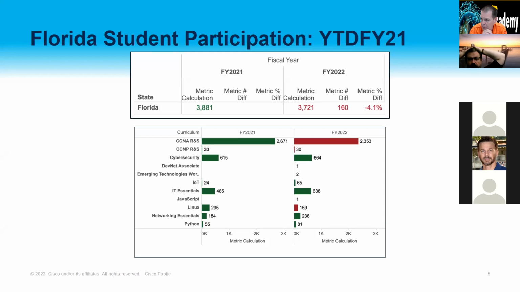So we did have, out of 57 academies, 32 of those take a loss to the roll, which made us lose about 809 students. But 5 new academies came online who had never taught in Florida before and brought with them 317 students. We've seen growth in IT Essentials, as you can see here, and a little bit of growth in Networking Essentials.